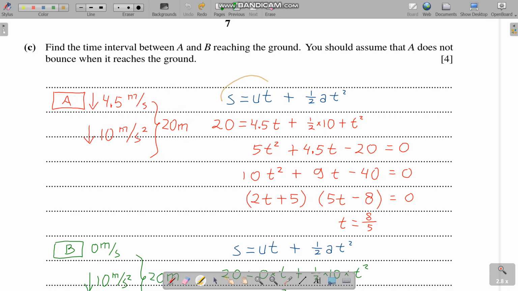So we use s equals ut plus 1 half at squared. In this case, we say going down is positive. The s is positive, the u is positive because all going down. We can simplify the quadratic, factorize, and we have the time. So this is the time for A to reach the ground after the collision.